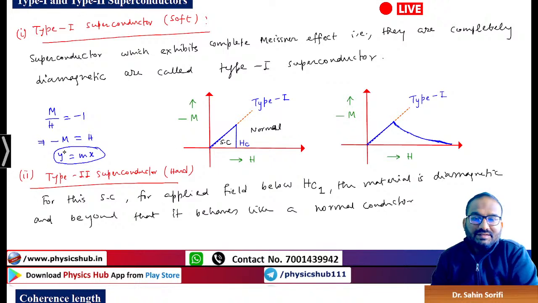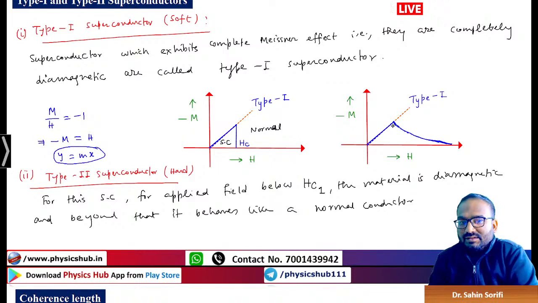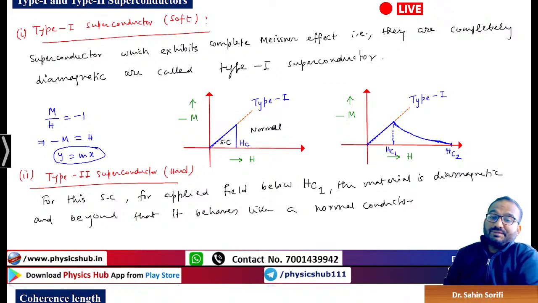Now you see for this case the magnetization is not suddenly zero beyond this HC1. Beyond HC1, the superconductivity is starting to vanish. So in this region it is a mixed state, a mixing of superconducting as well as normal conducting region, and here we get the complete destruction of superconductivity.